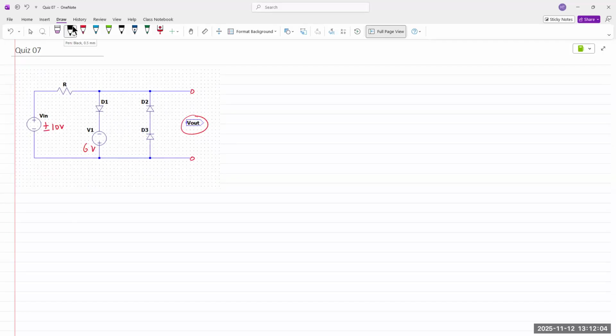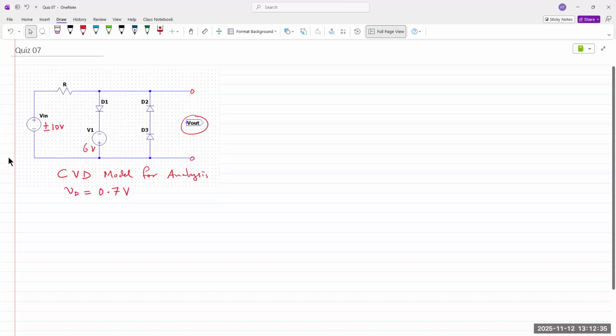And we are using CVD model for analysis, and the diode voltage drop VD is 0.7 volts. If it's not given, you can assume any value, well, any value within reason.